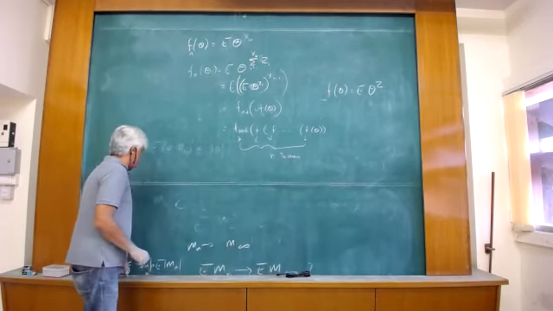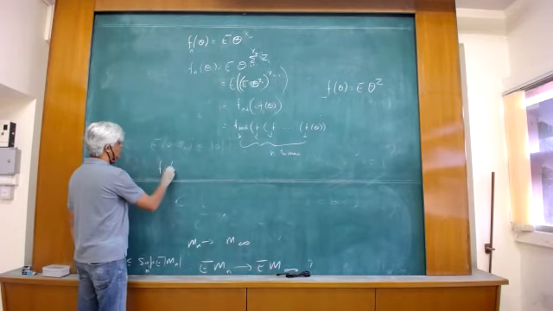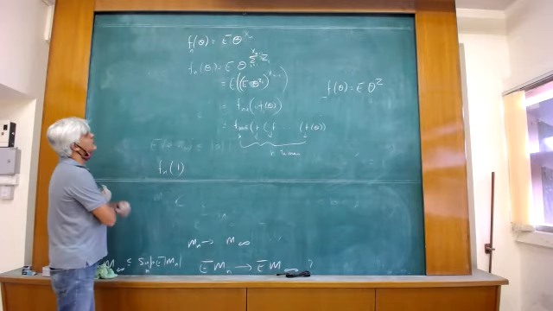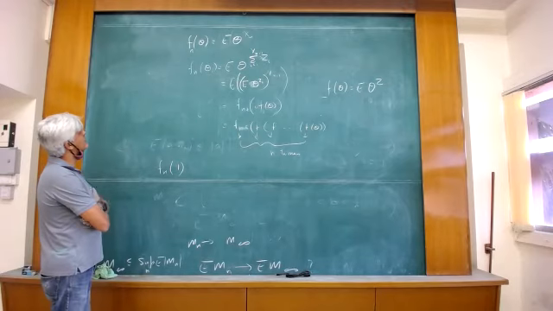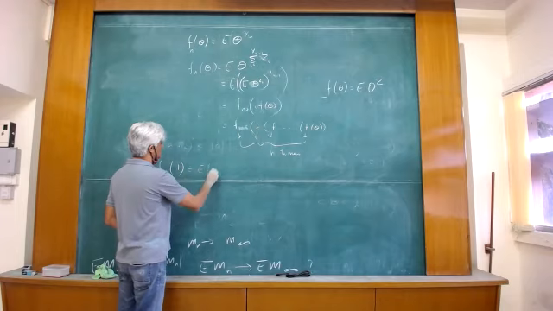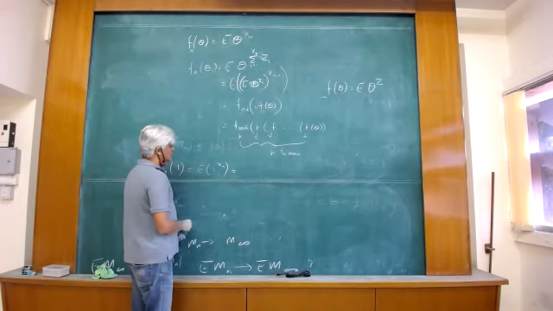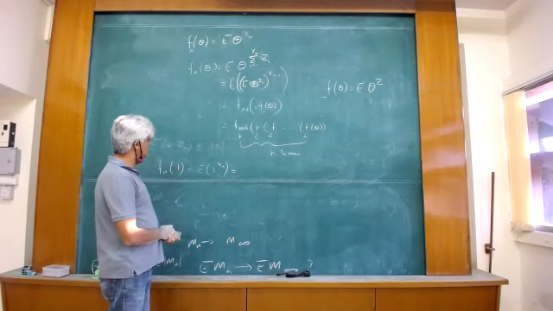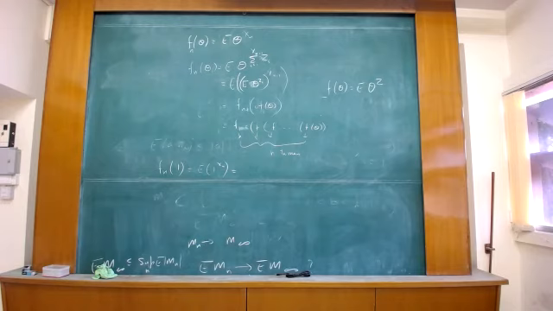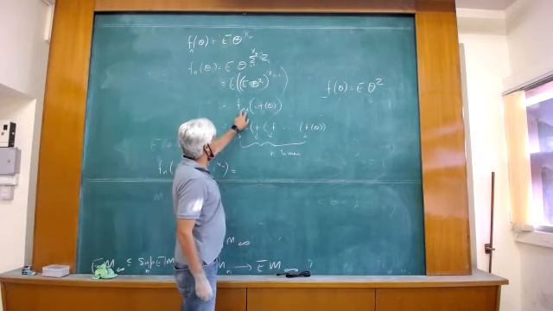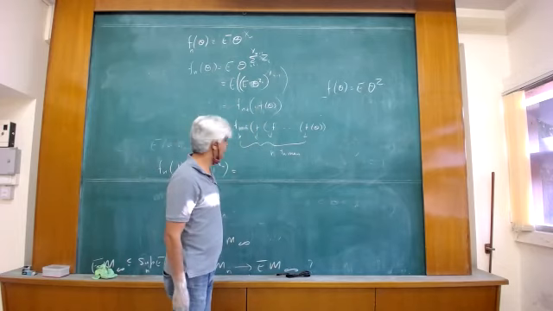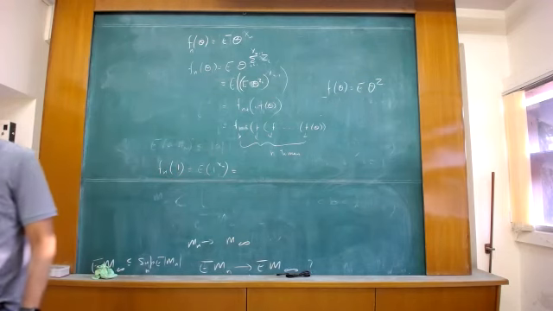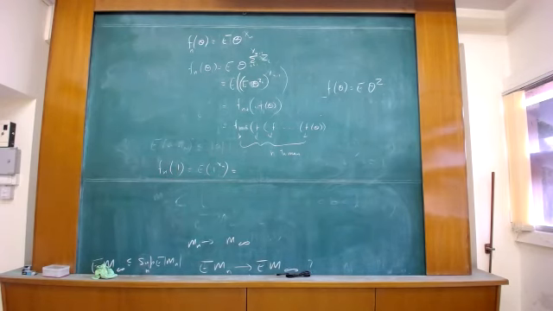What do I know about Fn of theta, Fn of 1, when theta is equal to 1?